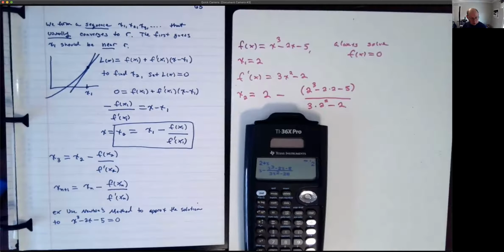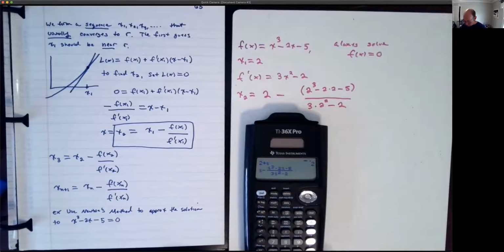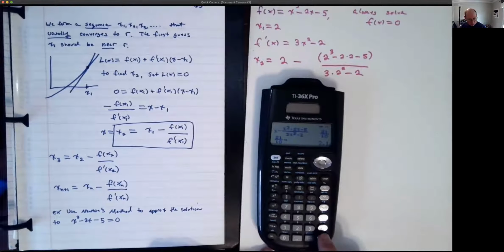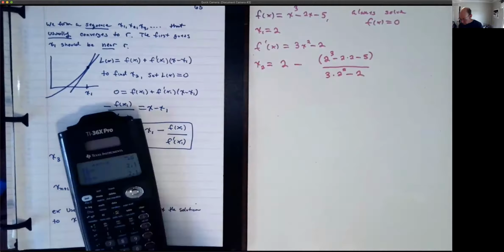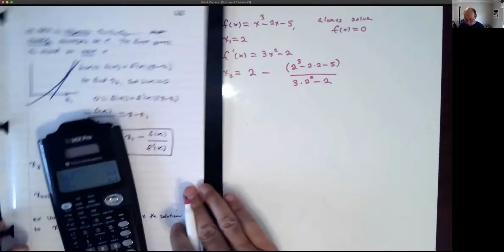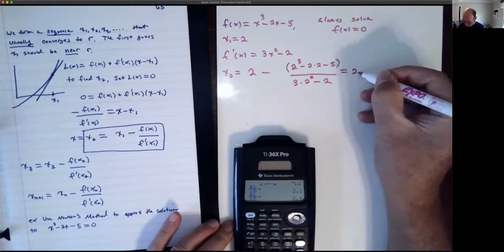Okay, so I plugged in Newton's method here, and I got 21 over 10, and as a decimal, that would be 2.1. So calculating this out, you get x2 is equal to 2.1.